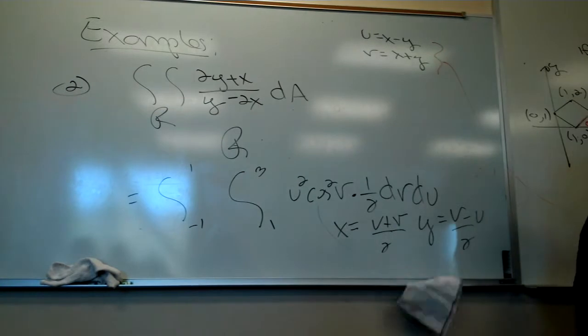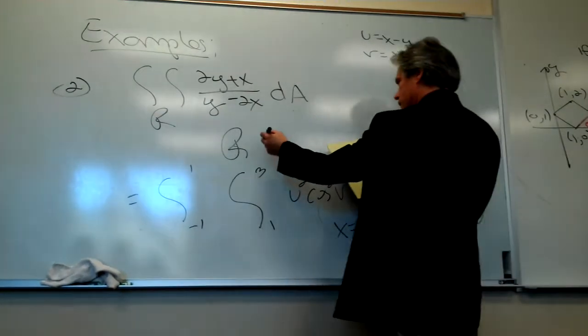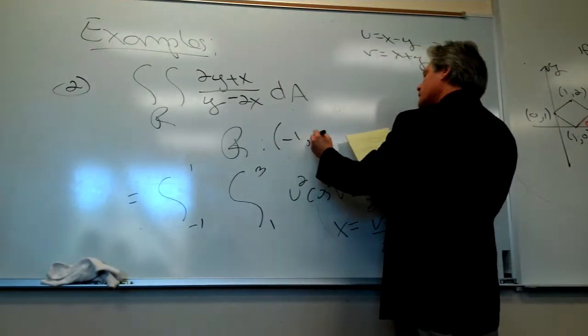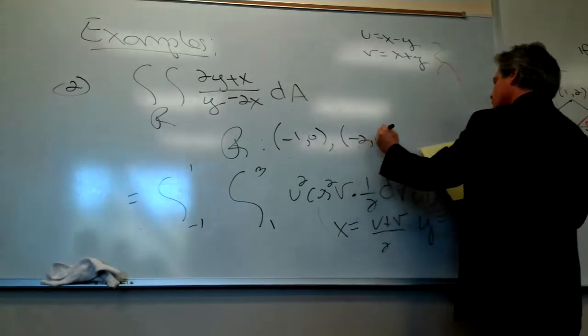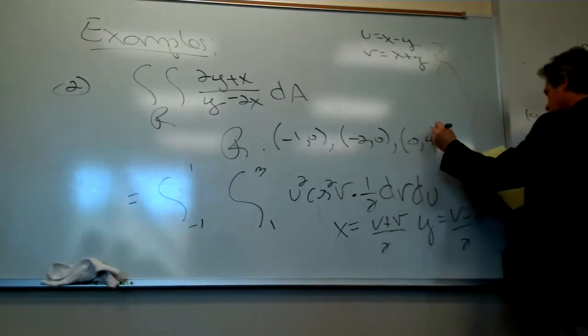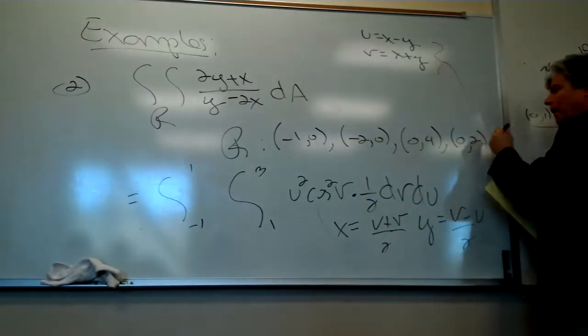Sorry, you guys, I have to look. I don't want to mess it up, and I don't want my numbers being too massive. How about negative 1, 0, negative 2, 0, 0, 4, and 0, 2?